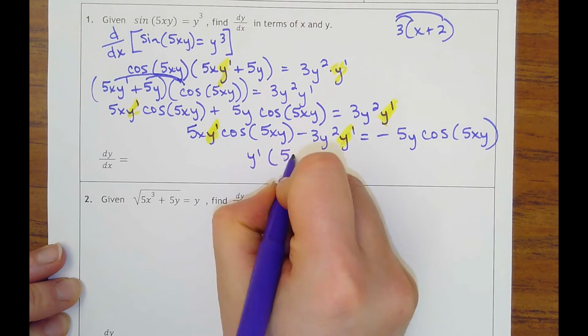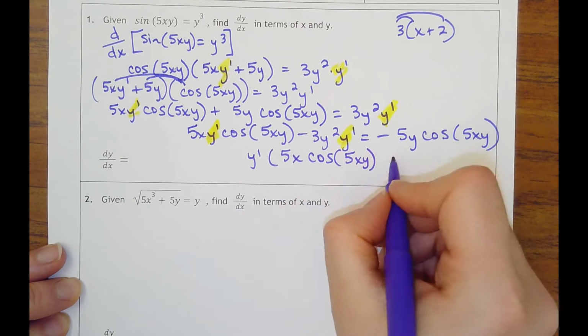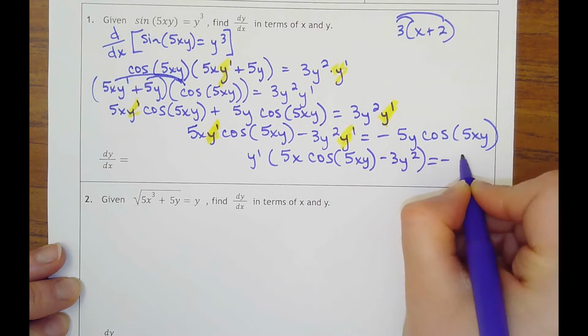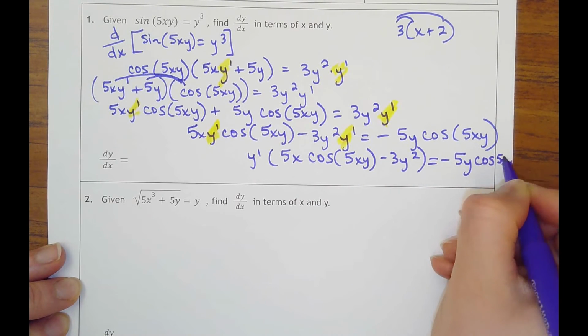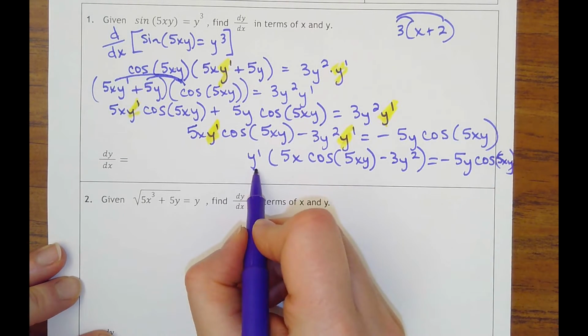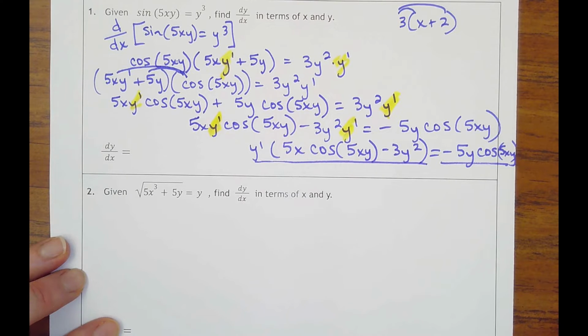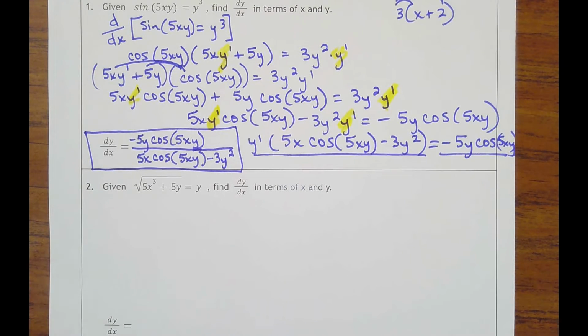So I get 5x cosine of 5xy minus 3y squared. Okay, and then I know I'm dividing all of this. And so my final answer, we can just go ahead and write it, would be that. All right, number 2.